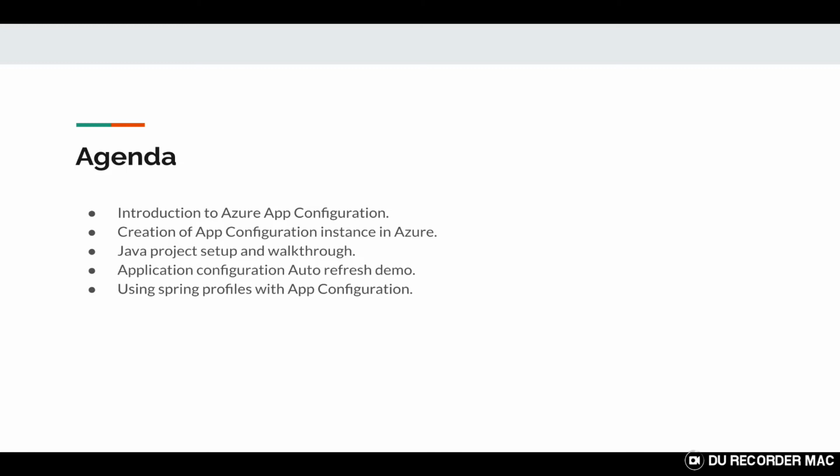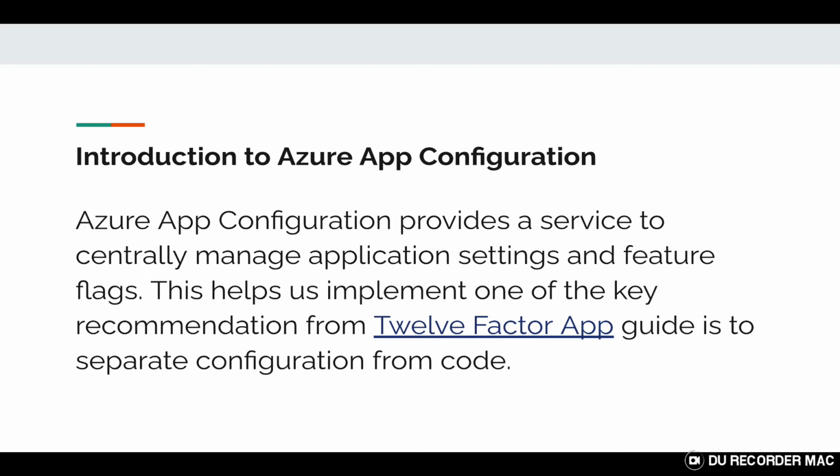Before moving to the portal, I'll just introduce you to what App Configuration is. Azure App Configuration provides a service to centrally manage application settings and feature flags.